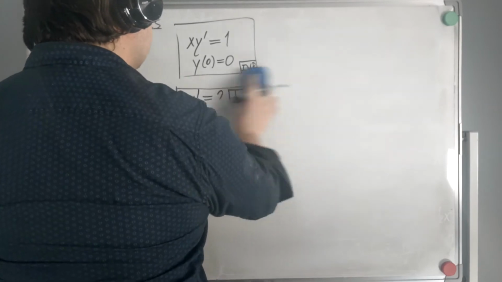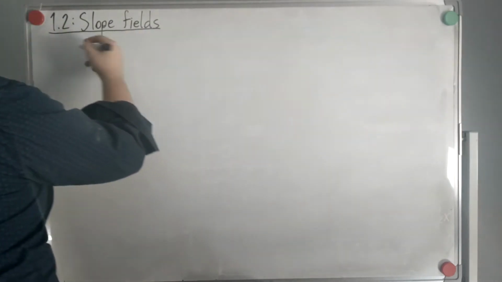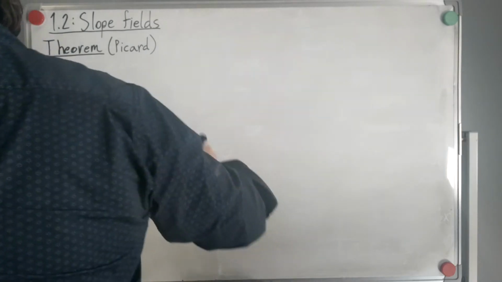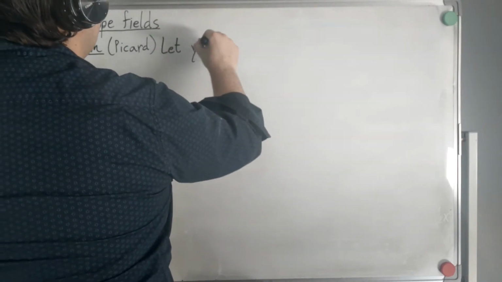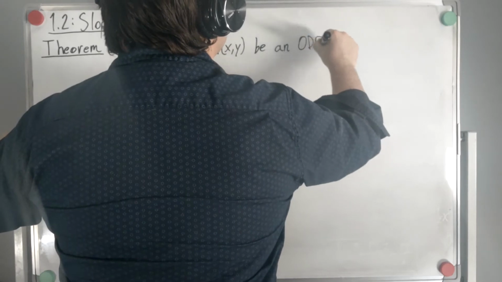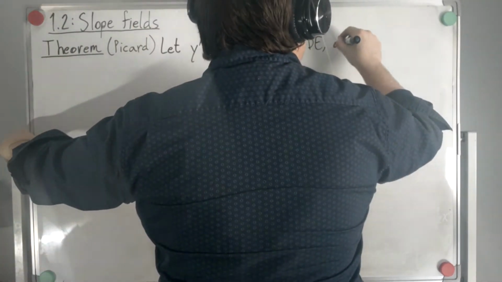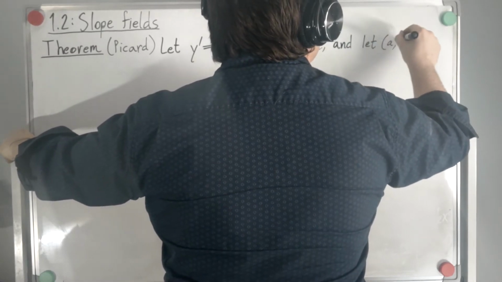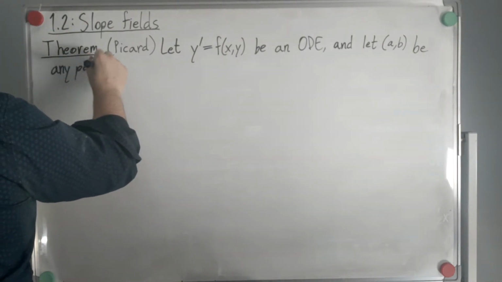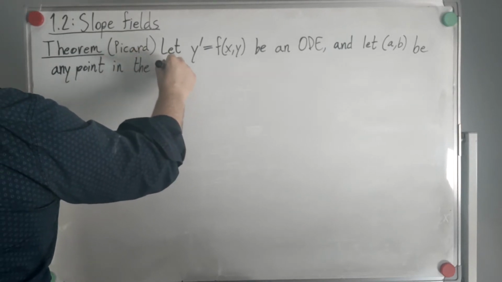But there is a theorem out there that indicates you can count on there being a unique solution under at least one condition. This is called Picard's theorem. Let y prime equals f of x and y be an ordinary differential equation, and let (a, b) be any point in the xy plane.